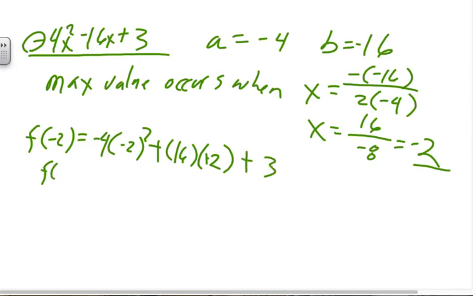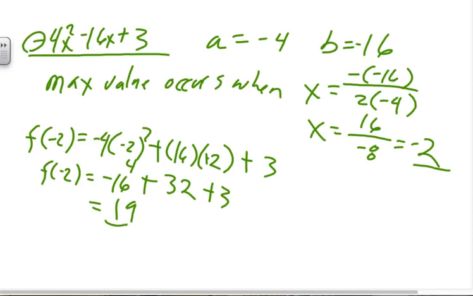Negative 2 squared is 4, so that's going to be negative 16 plus 32 plus 3. This gives me 16 plus 3, which is 19. And that's where my maximum value occurs. My vertex then will be at negative 2, 19. And if you go back and check your notes, you'll notice that this agrees with what we had before.